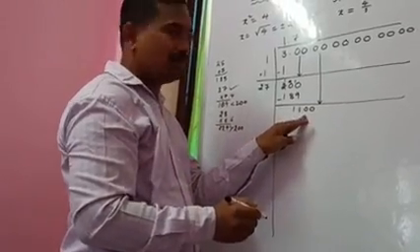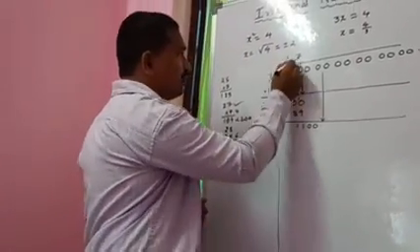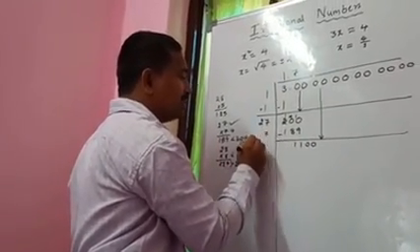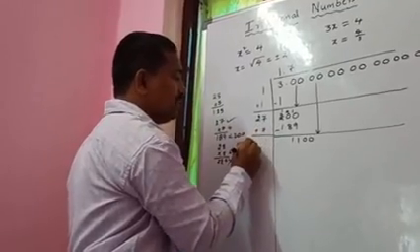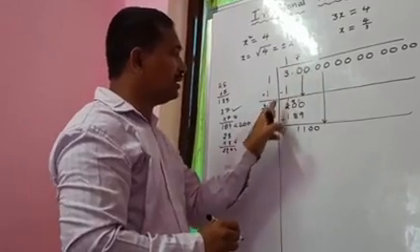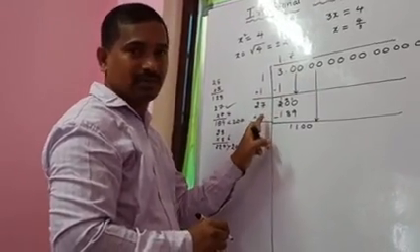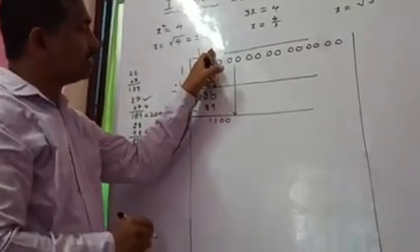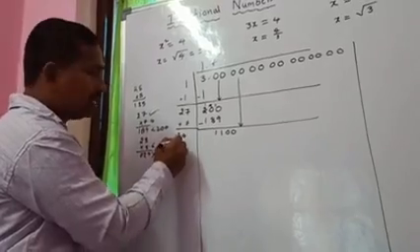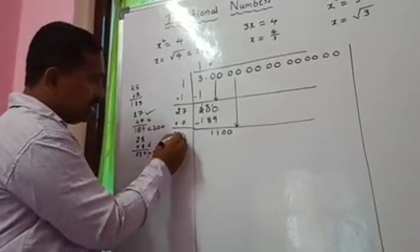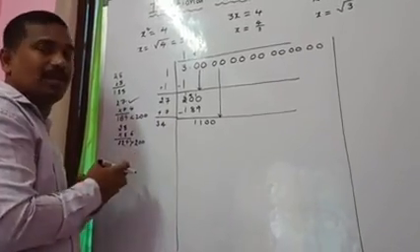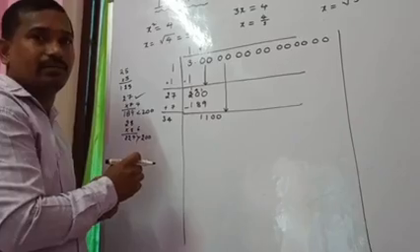Now 1100. Now whatever I wrote here, 7, add 7. 27 plus 7, 34. Whatever number you write in the quotient, write here also and add. Now take any number to the right side of 34 and multiply with that same number, that should be near to 1100.